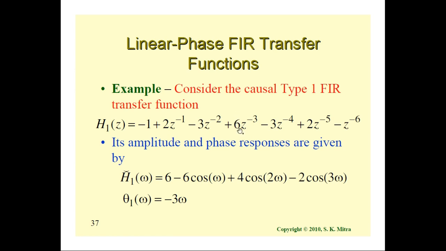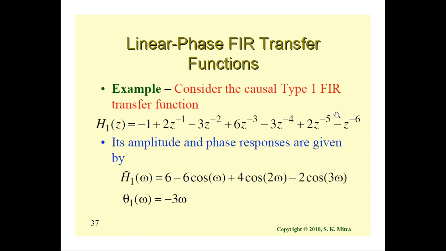The value is 6. So we can directly write its related amplitude response by using the generalized equation of amplitude response of type 1 filter by substituting capital N equal to 6, and the related phase function, because order is 6, will be minus 3 omega.